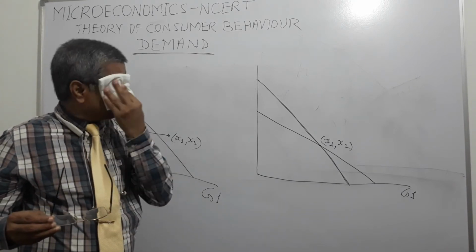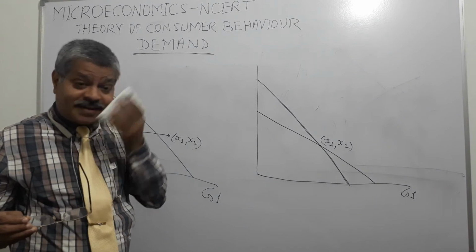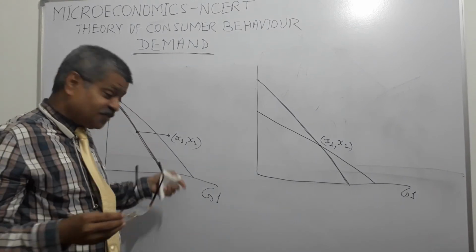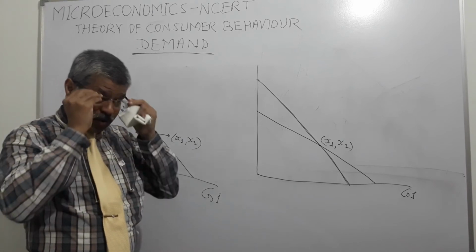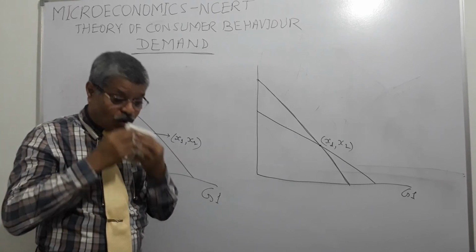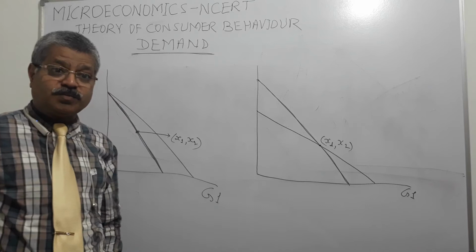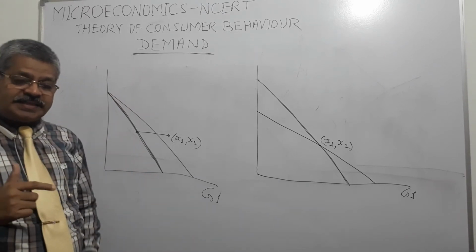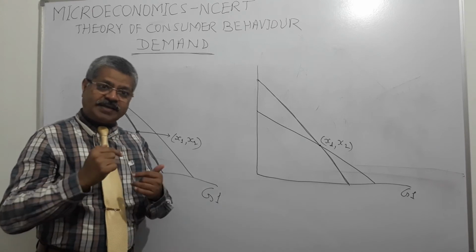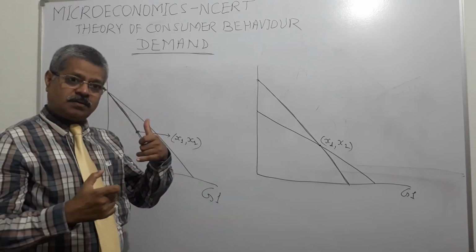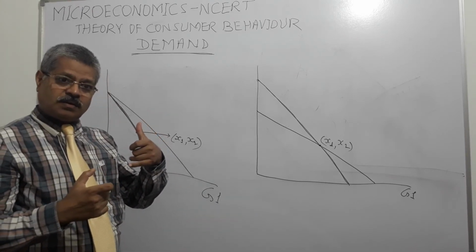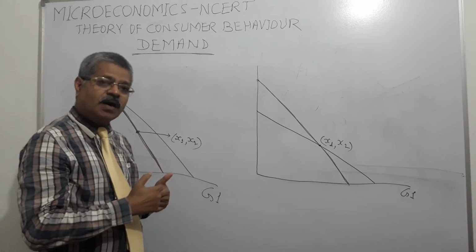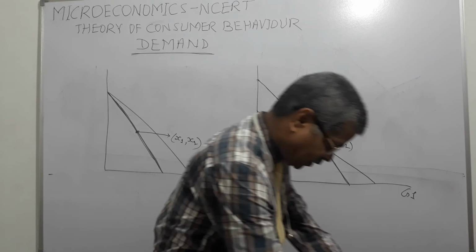There is a change in the price of a good, which we saw here. The price is reduced. In view of the reduction of the price of good 1, the consumer's income is adjusted in such a way that the consumer is able to buy the same bundle with the adjusted income as he or she used to buy earlier, right?